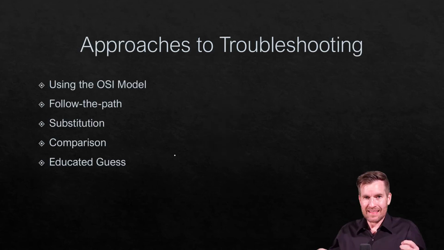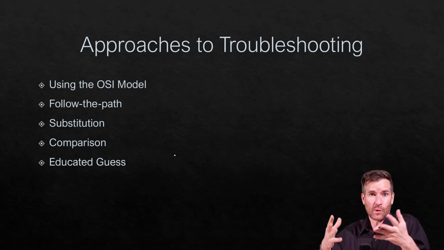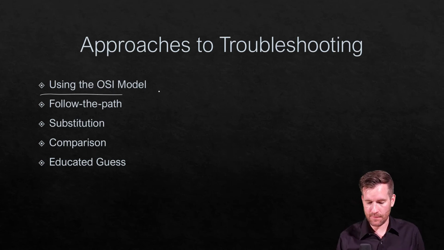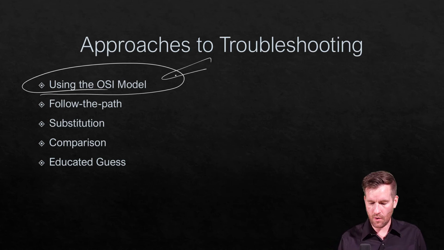As we take these different approaches, it depends on the technology that we're working with. For instance, if we're working with networking gear, one of the ways we can troubleshoot is bottom up, top down, or divide and conquer with the OSI model.